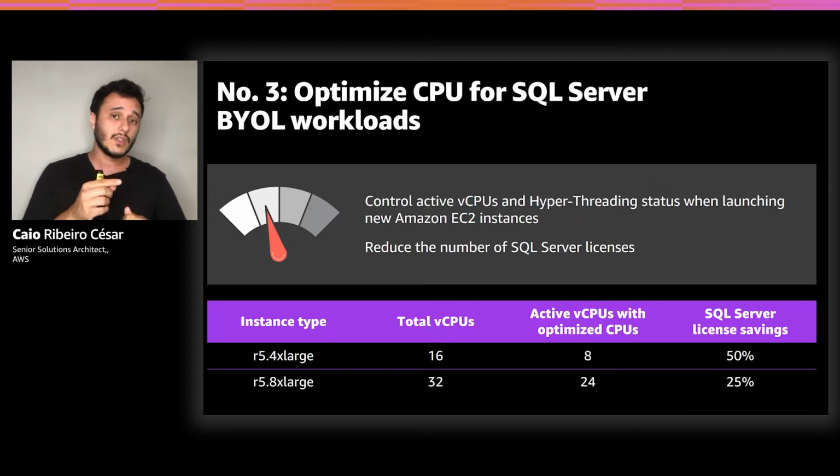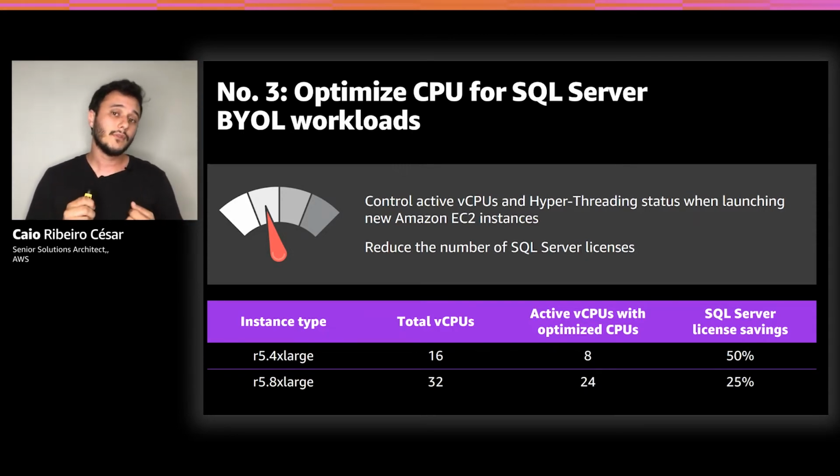It's important to also say that you can do CPU optimization in dedicated hosts, meaning that if you're flipping an instance, you can reduce the number of cores that this instance is going to run, right? Keep in mind that in terms of EC2, you pay the total cost of the VM, but for SQL Server, you will reduce a lot in terms of licensing costs.